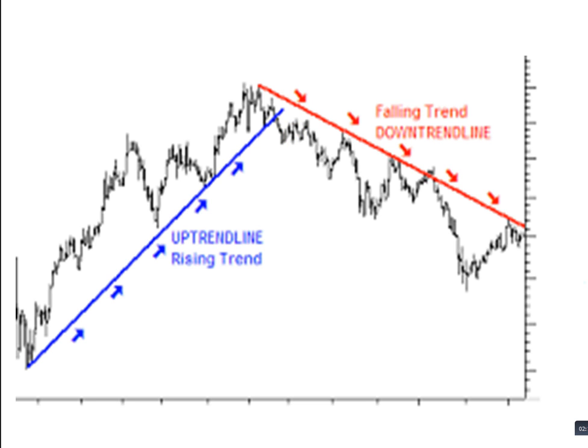Those support levels, you can join them and make a straight line. So you can look at this point, it's a support level. Then this point, it's a support level. This point, it's a support level, and also we have got resistance levels, like this point, this point, this point, this point, this point. These are resistance levels.